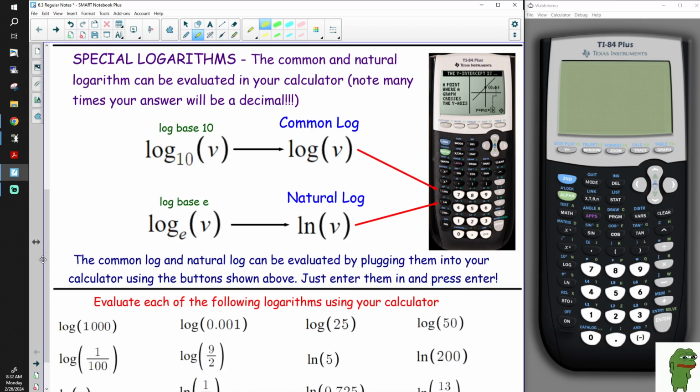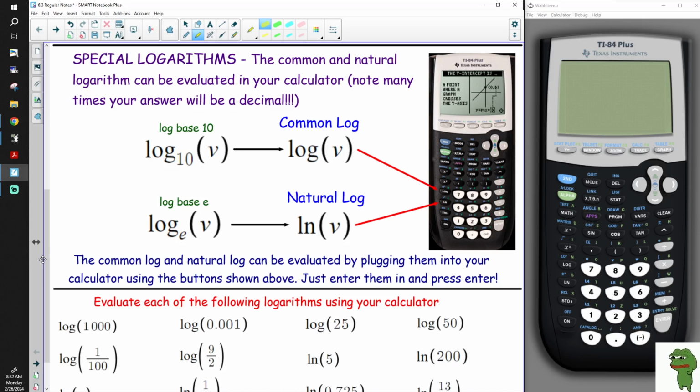It can be anything. Okay? So, if you ever see a log base 10, this is a special log. This is called the common log. You know how like square roots we don't write the 2, or the 1 is invisible in a lot of math equations. The common log is the special log.